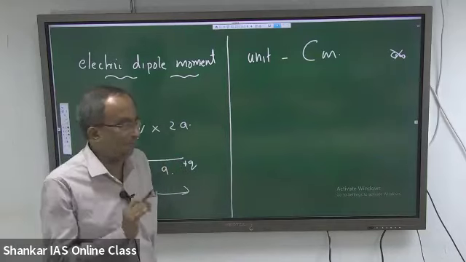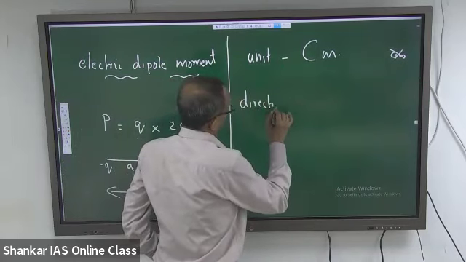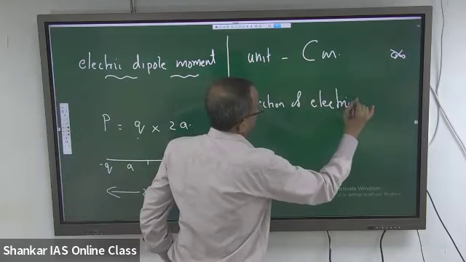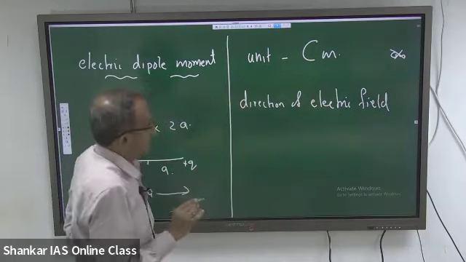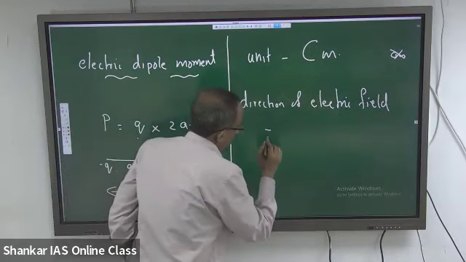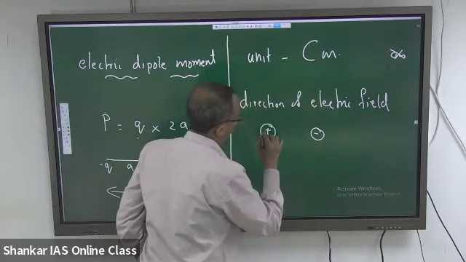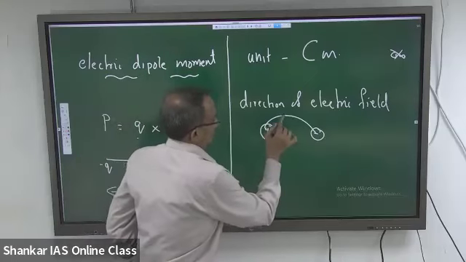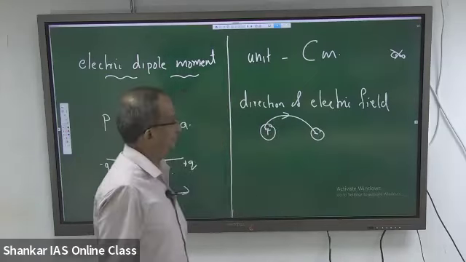Then, you know the direction of electric field. The direction of electric field is from positive to negative. We have studied electric field lines. They start from positive and end at negative. So the direction of electric field is always from positive to negative.